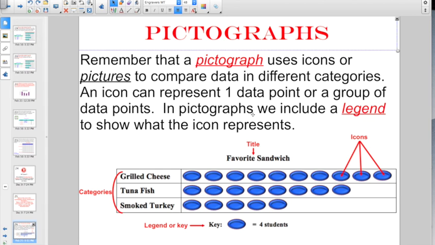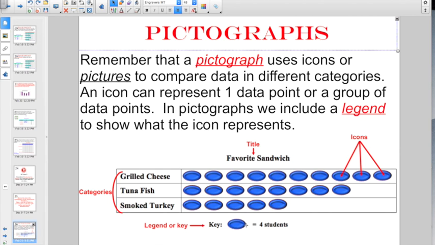And in pictographs, it's always important that we include a legend or a key to show what each icon represents. So remember, the icons are the little pictures. You always still want to have a title. You're going to label your categories, and you're always going to have a legend or a key.